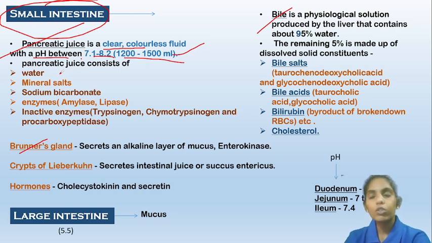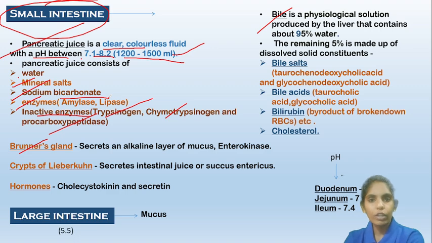What does the pancreatic juice contain? It contains water, mineral salts, sodium bicarbonate, which is highly alkaline in nature, and enzymes like amylase, lipase, and inactive enzymes like trypsinogen, chymotrypsinogen, and procarboxypeptidase. The role of this sodium bicarbonate is that the food which enters from the stomach to the intestine is mixed with hydrochloric acid, so the food is very acidic.